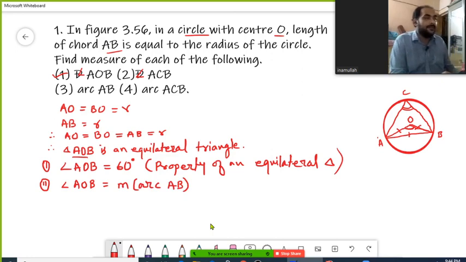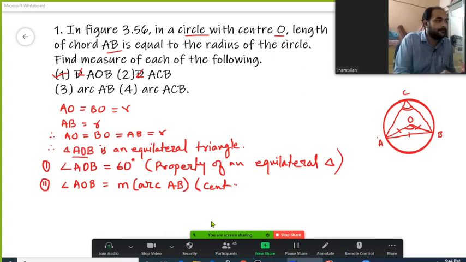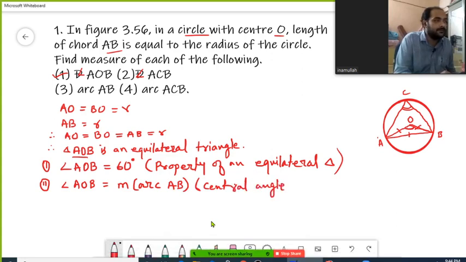Arc AB is the corresponding intercepted arc of angle AOB, and angle AOB is the central angle. So here we are using the central angle property.